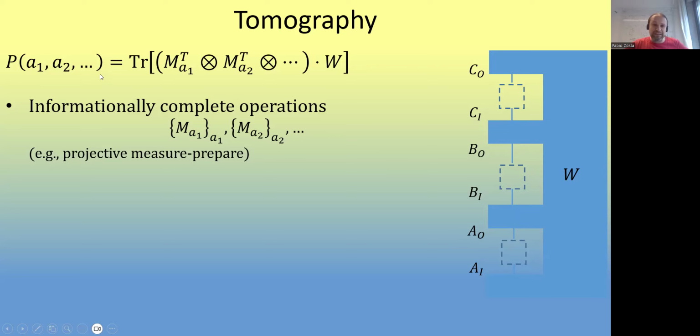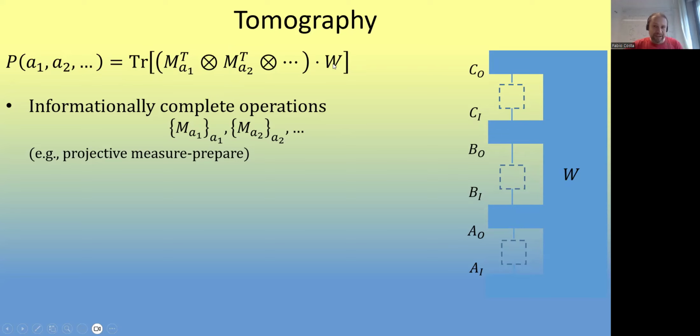Without knowing anything about system environment interactions, if we select informationally complete operations at each time, then we can reconstruct the process matrix. Essentially, if you look at this formula, you see that the probabilities on the left-hand side are a linear function of M and W. And so if the M operators span all the space of processes, you can invert this formula.